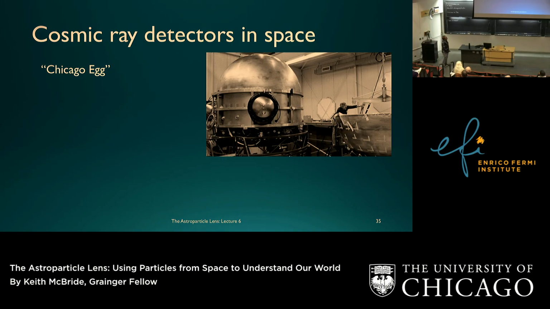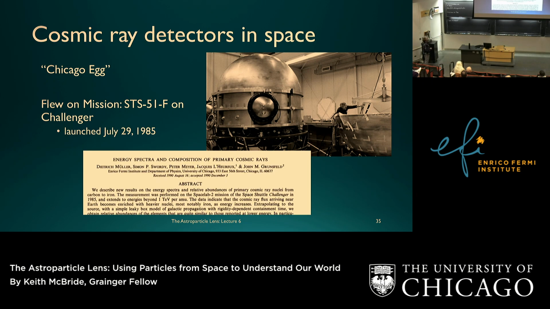So the Chicago egg was a cosmic ray detector that was flown on this flight of the Challenger shuttle. The egg itself is actually very large. It was the largest cosmic ray detector designed at the time, in 1985. It was designed right here at the University of Chicago and launched in 1985.